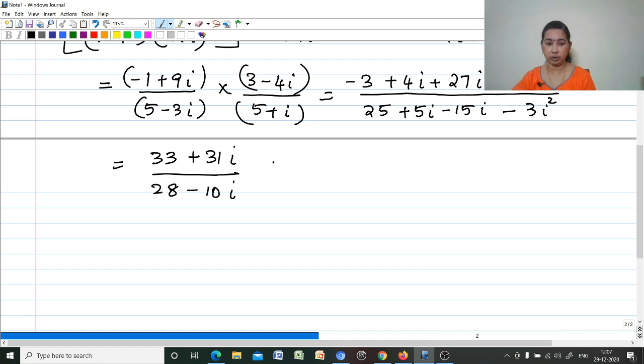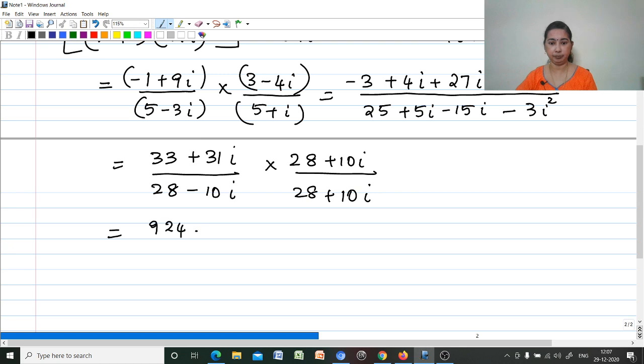Now multiplying by the conjugate, into (28 plus 10i) divided by (28 plus 10i), which is equal to, again multiplying the numerator, 33 into 28, that is 924, plus 330i, plus 31 into 28 is 868i, and the last term is minus 310.